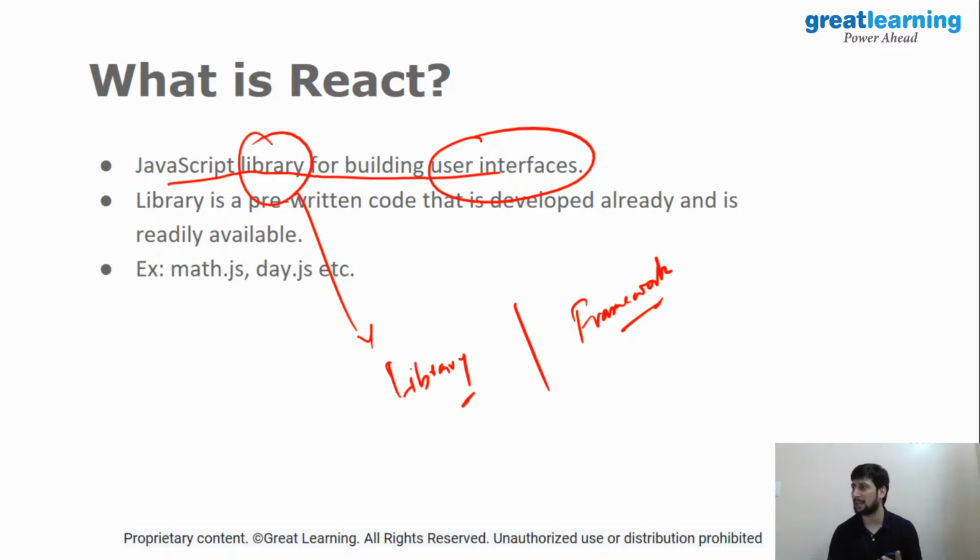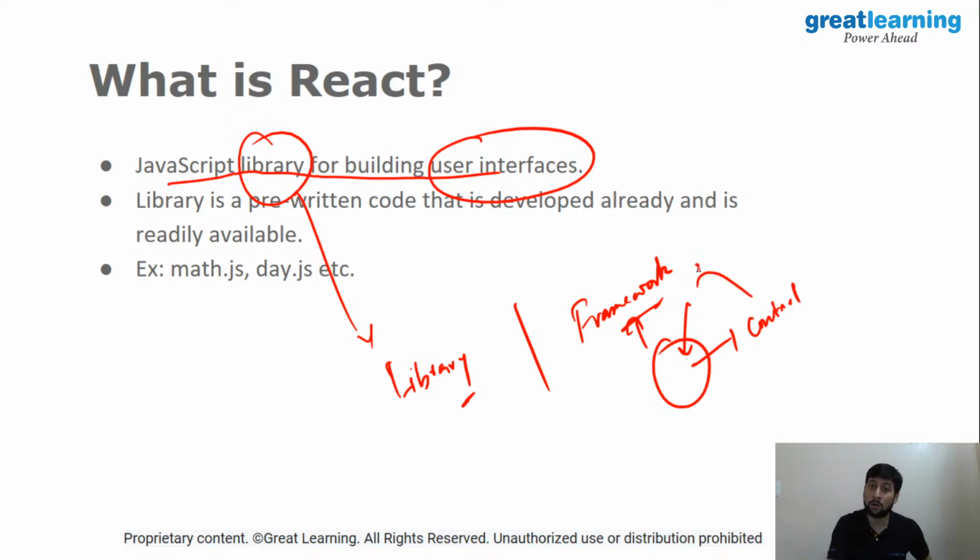Okay, you can say that, but not exactly a function. It is a collection of functions. Okay, great. Cool. So the main difference between using a library and a framework is this: if we talk about a simple definition of framework, whenever you are using a framework in your application, the control of your application is dependent on the framework.